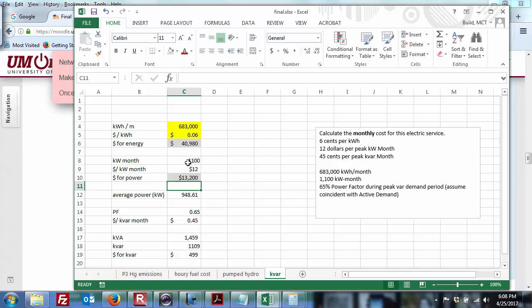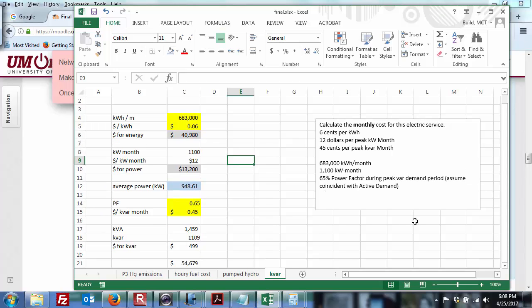We've got demand charges $12 per kilowatt. And then I went ahead and I just calculated the average power coming out of the system. Total kilowatt hours divided by hours in a month, so that's our average power. Here's our power factor. So these two guys are both given. Put those in yellow. Average power, that was calculated. We'll put that in blue.